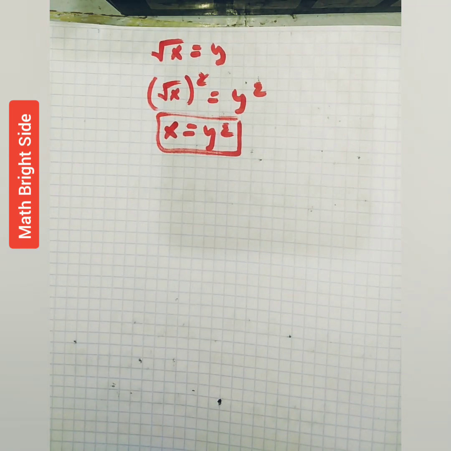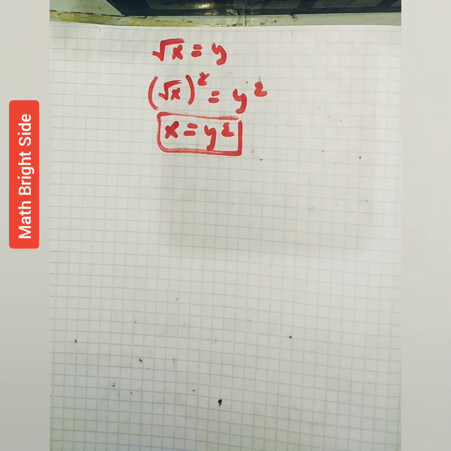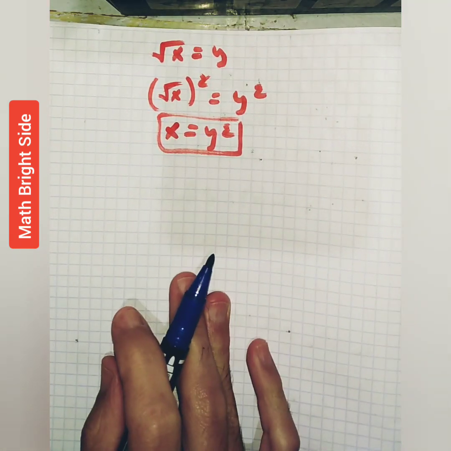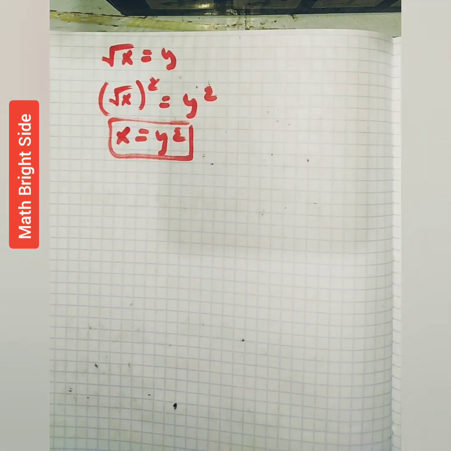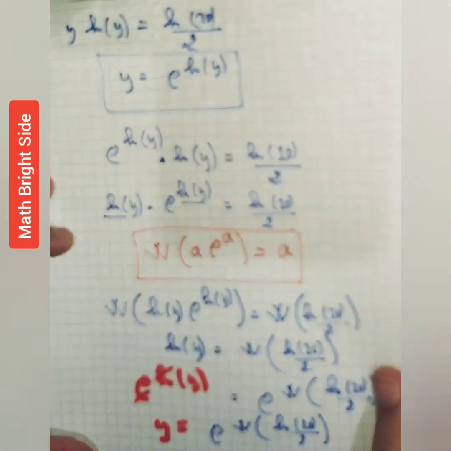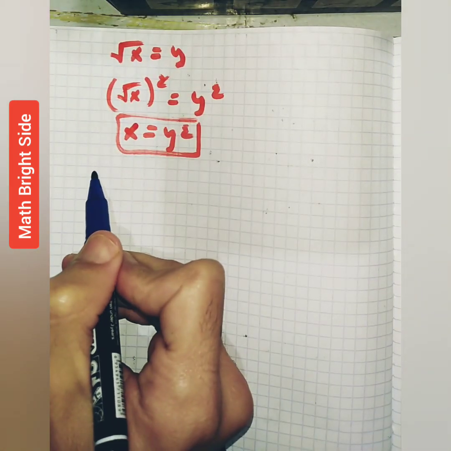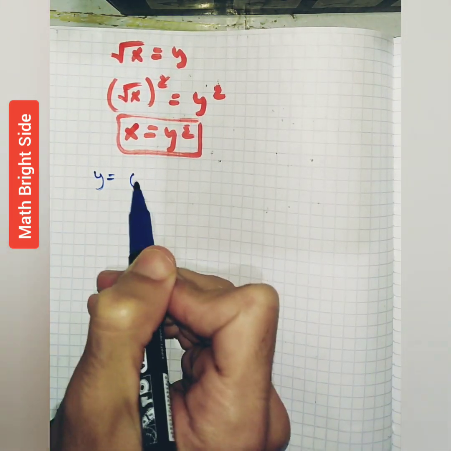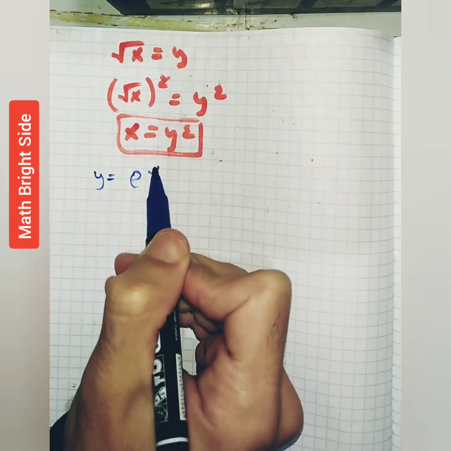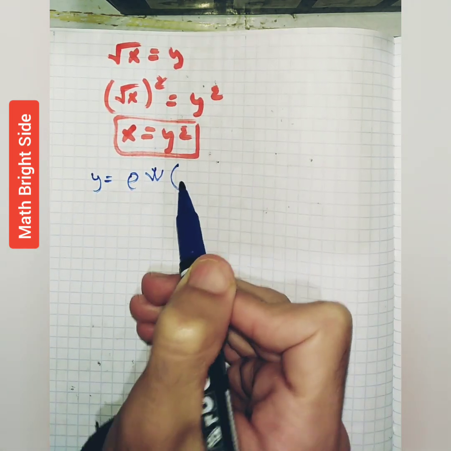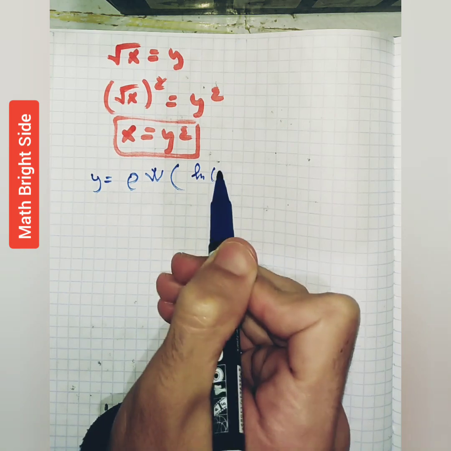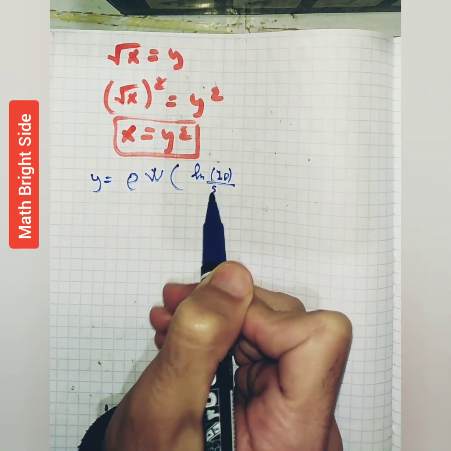But y equals exp of Lambert W function of ln of 10 over 2.